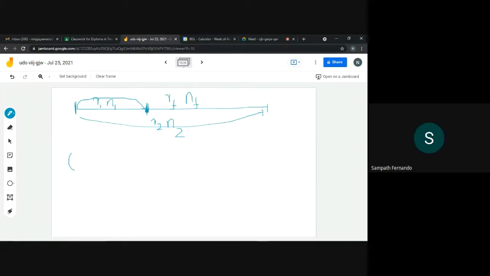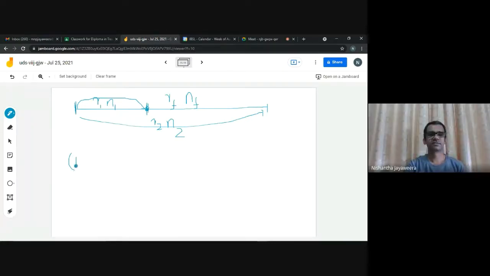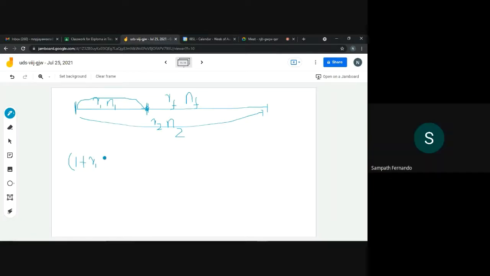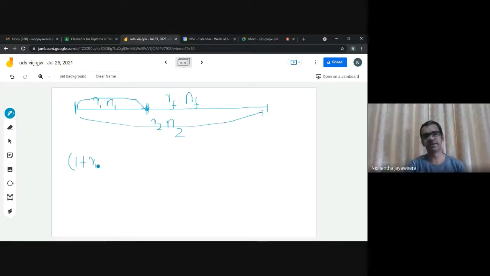So 1 rupee into 1 plus interest rate, the interest rate divided by 100. Okay, we'll forget that 100 here. Assume the rate is in decimals.